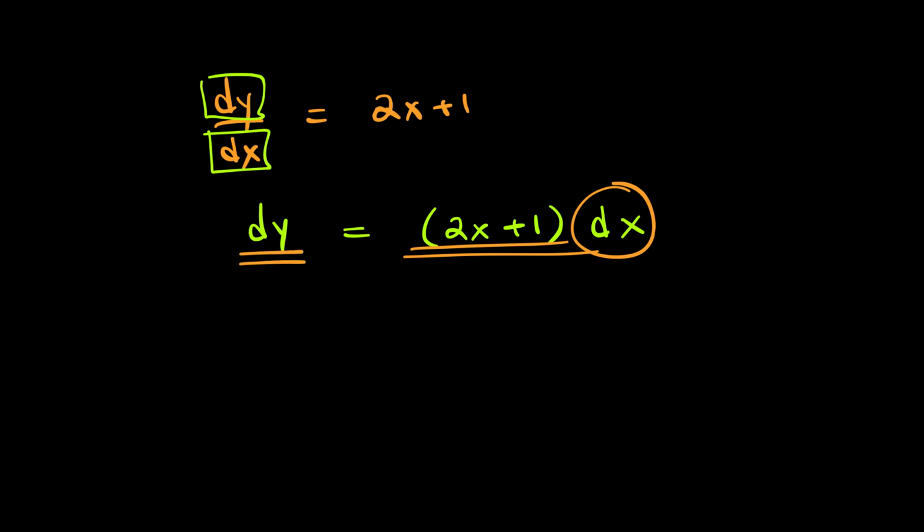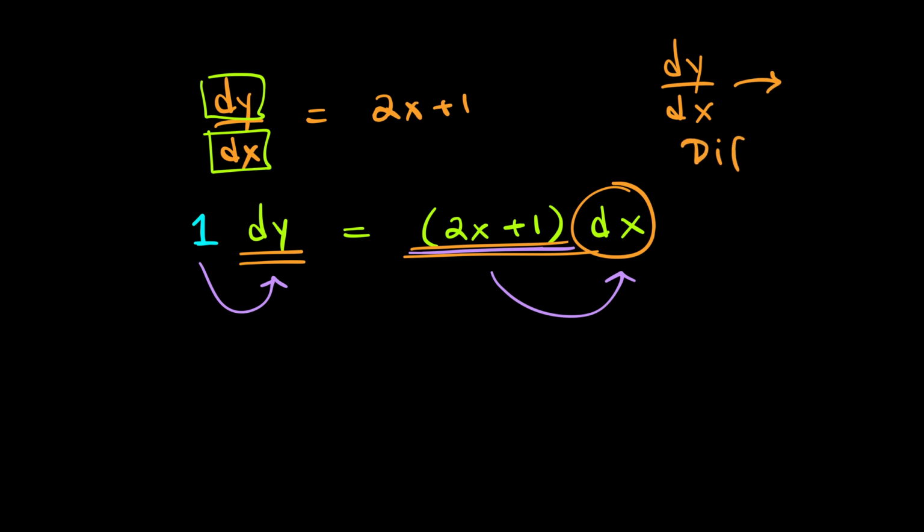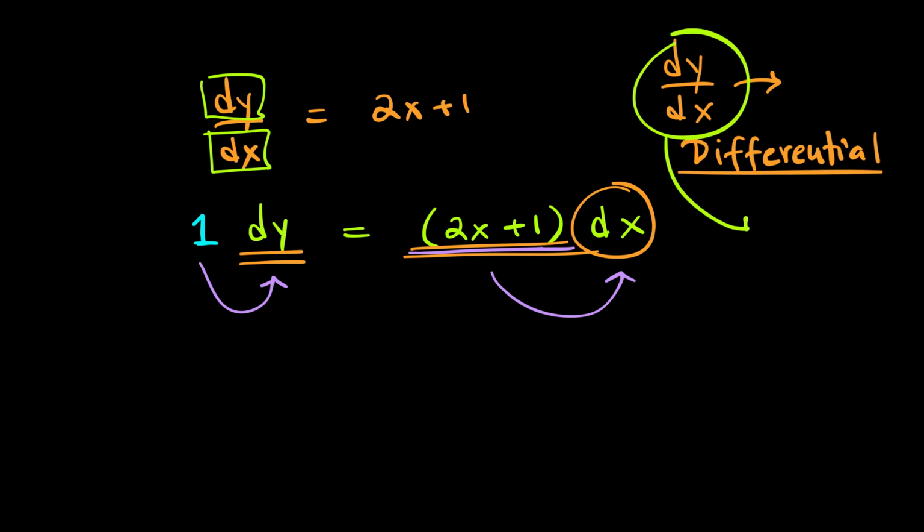Since nothing is there, let me write a 1. So 1 is written with dy and (2x plus 1) in brackets is written with dx. dy by dx is known as differential, and any equation with the differential, with the gradient function, is known as a differential equation.